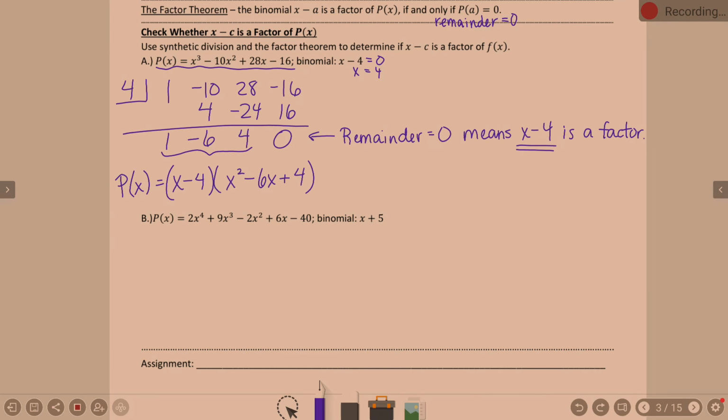This right here is factored form. I believe there might be 1 or 2 in homework where you're asked to write something in factored form. That is factored form because we put it in 2 factors, the x minus 4 and the x squared minus 6x plus 4.